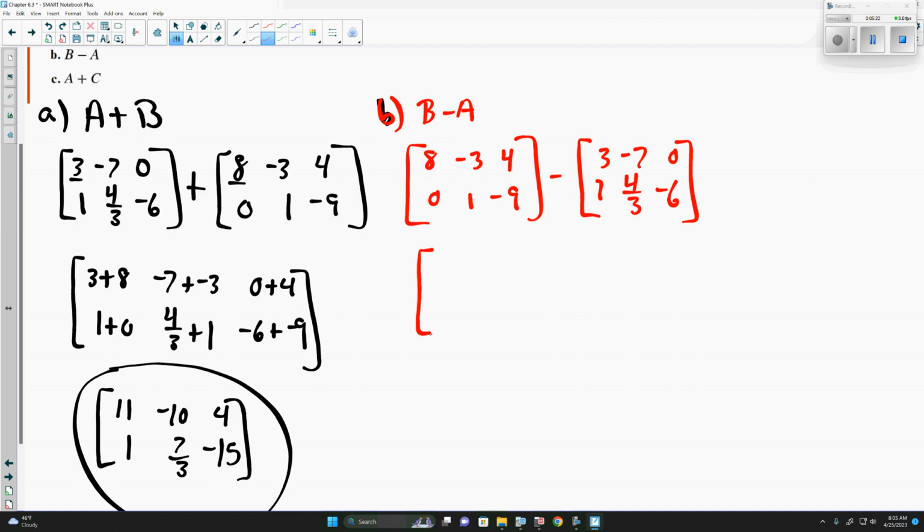And again, just like with addition, we're going to subtract the corresponding elements. So we'll say 8 minus 3, negative 3 minus negative 7, 4 minus 0. Then we have 0 minus 1, 1 minus 4/3. And lastly, negative 9 minus negative 6.